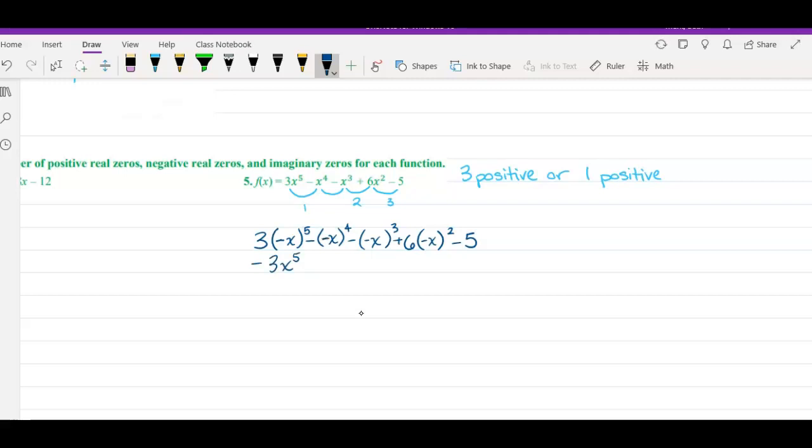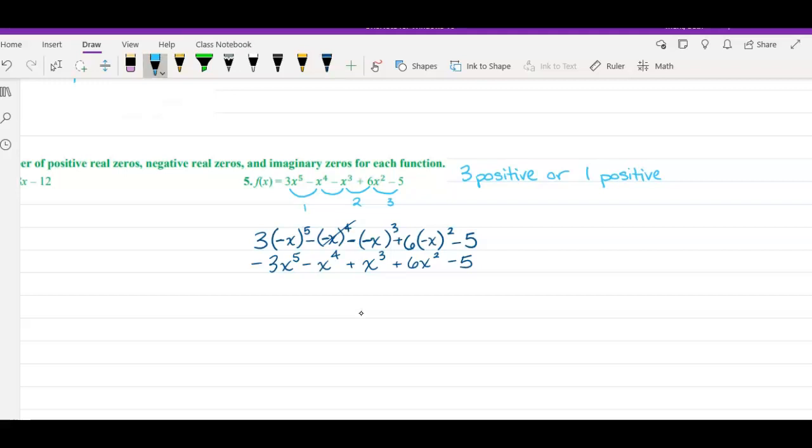A negative raised to an even power becomes positive, but there's a negative out front, so I still have negative x to the 4th. A negative raised to an odd power is negative, but there's a negative out front, so it becomes positive x cubed. Negative x squared becomes positive. And finally, negative 5 is a constant.